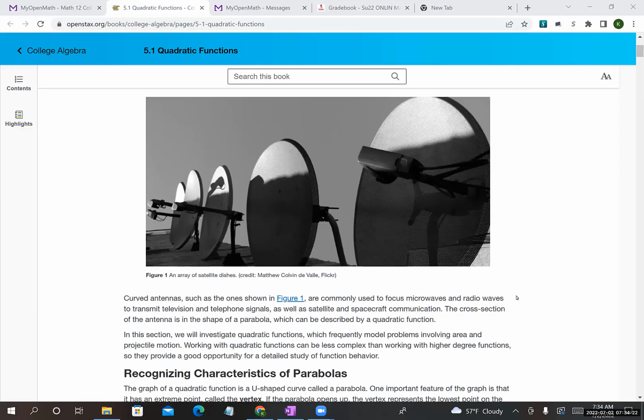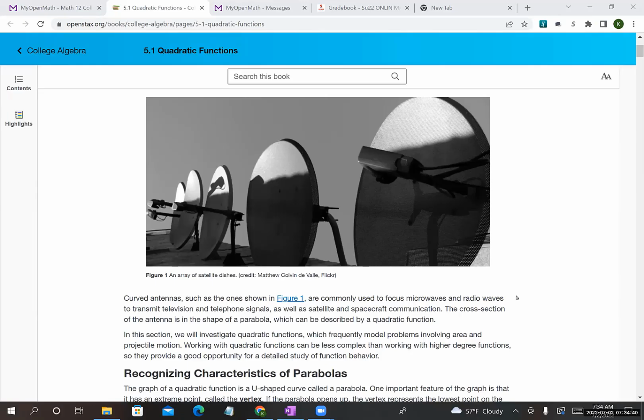By the way, sorry, I misspoke: quadratic function, not quadratic formula. Because most of us know the quadratic formula is the formula for solving a quadratic equation, okay? And a quadratic function is a type of function.